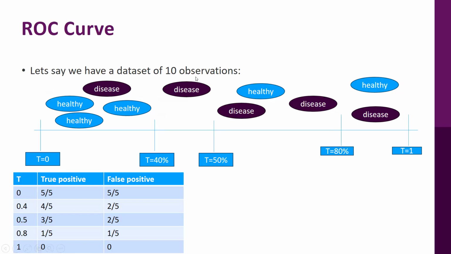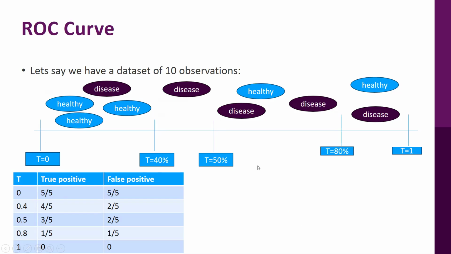In that case, you've truly detected all the positive cases because you've assigned everyone, healthy or non-healthy, to the 1 class. But also you have 100% false positives because you've classified all healthy people falsely as being diseased. Therefore, your false positive rate would also be 100%.